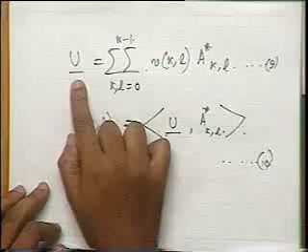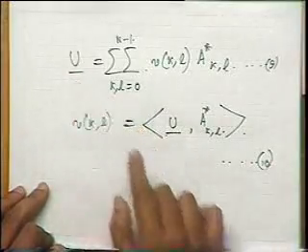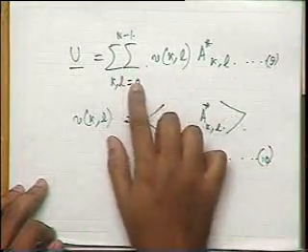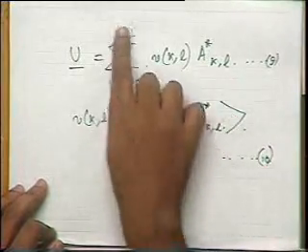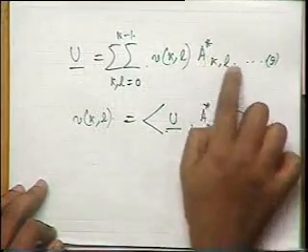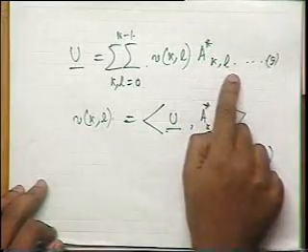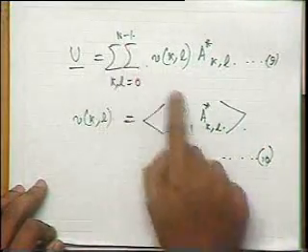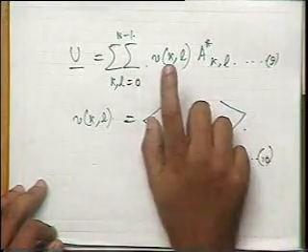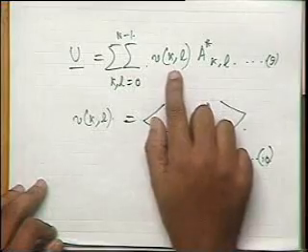and we had also got this very important relationship: U, that is to say the image in the matrix form, was obtained as the summation over k and l, both varying from 0 to n minus 1. We were summing up all the basis images having indices kl, and each A star kl was multiplied by the coefficient V of kl.